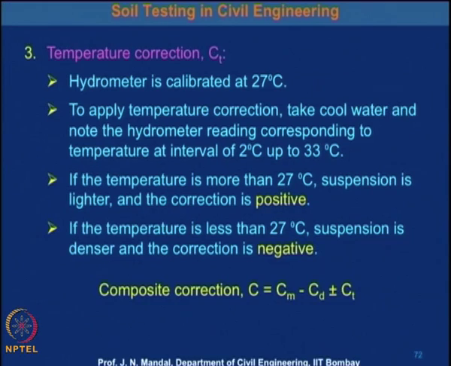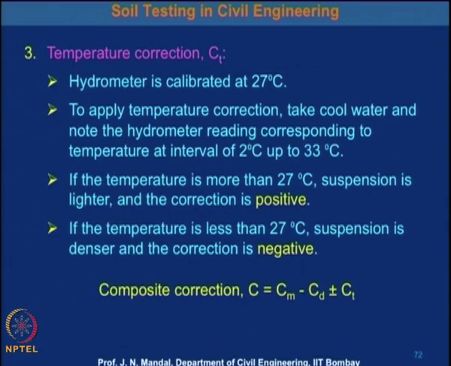If the temperature is more than 27 degrees centigrade, the suspension is lighter and the correction is positive. If the temperature is less than 27 degrees centigrade, the suspension is denser and the correction is negative.